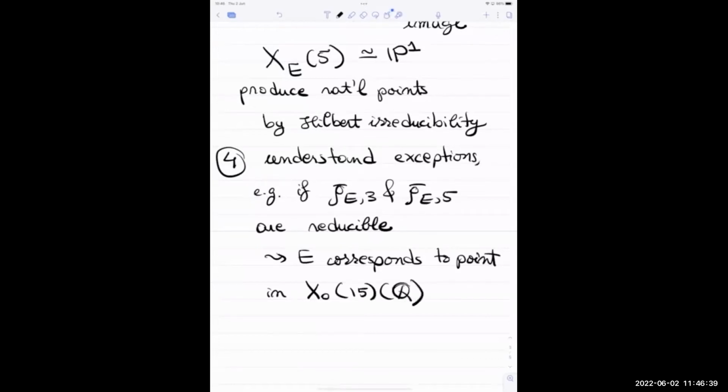So you have a line inside the 3-torsion that's Galois stable, and a line inside the 5-torsion that's Galois stable. That's exactly going to give you a Gamma_0(15) level structure. And so you will get a rational point of this. And now this is an elliptic curve with Mordell-Weil rank 0.